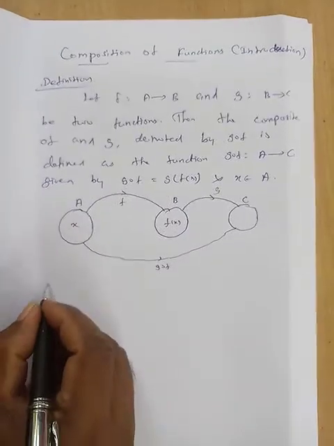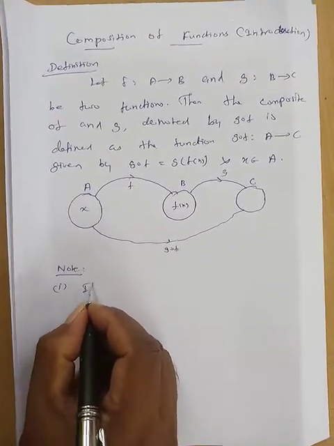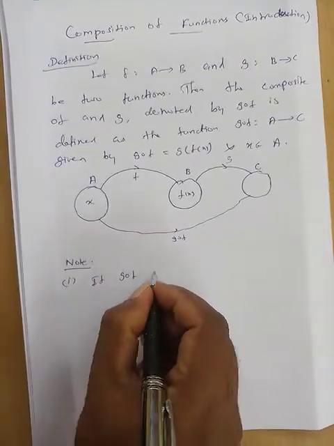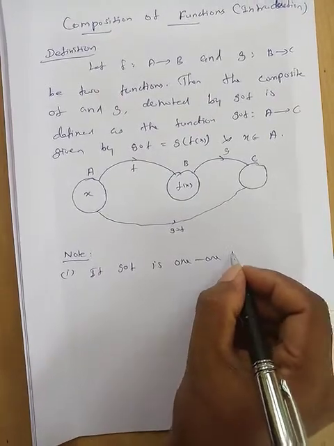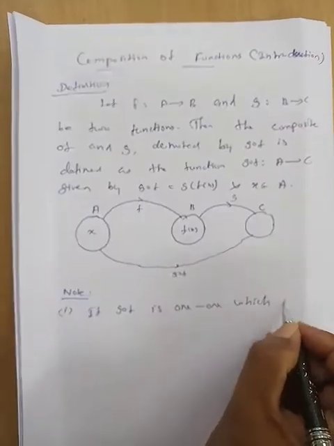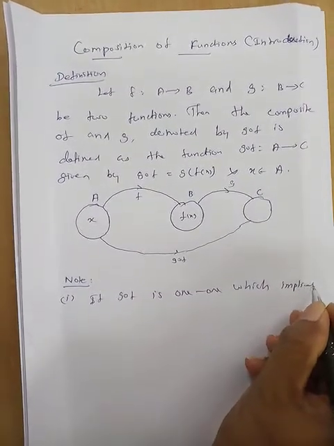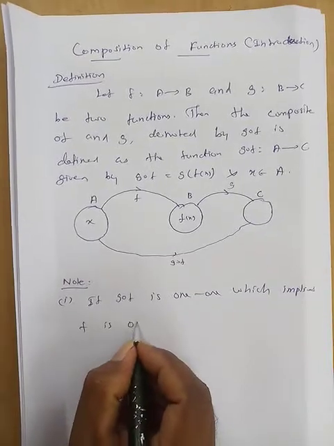Note 1. If g composition f is 1 to 1, which implies f is 1 to 1.